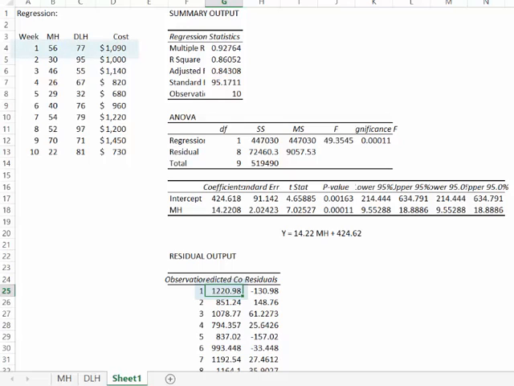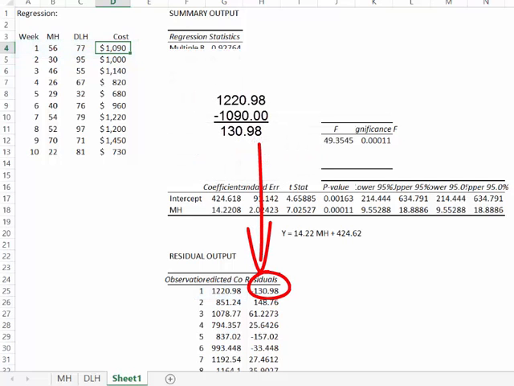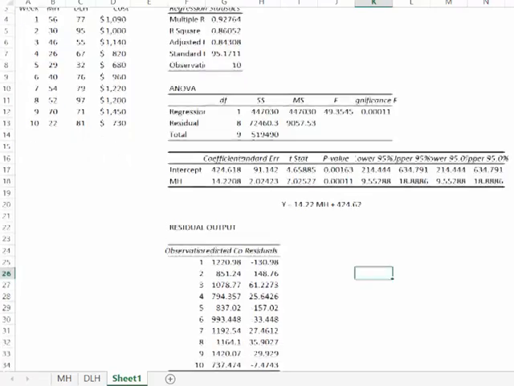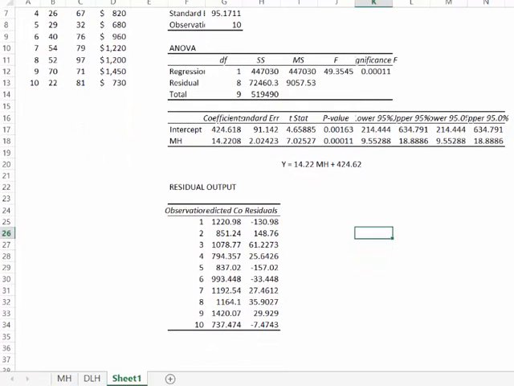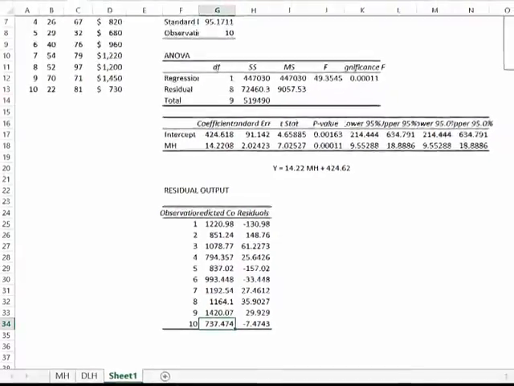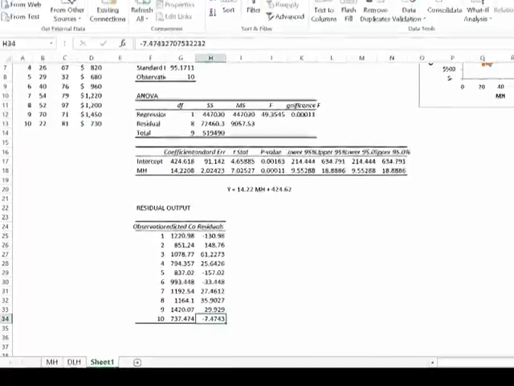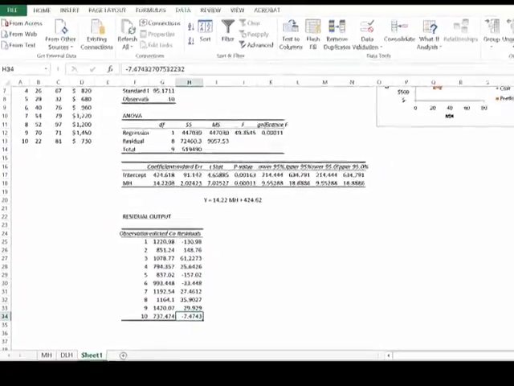Our actual cost, you can see, is 1,090, and so there is a residual, a difference there. It's not a big difference. It's about 10%, okay? And you can go down and look at all of these different residuals. The last one is very close, right? It predicts 737, and we actually have 730, so it's only $7 off.